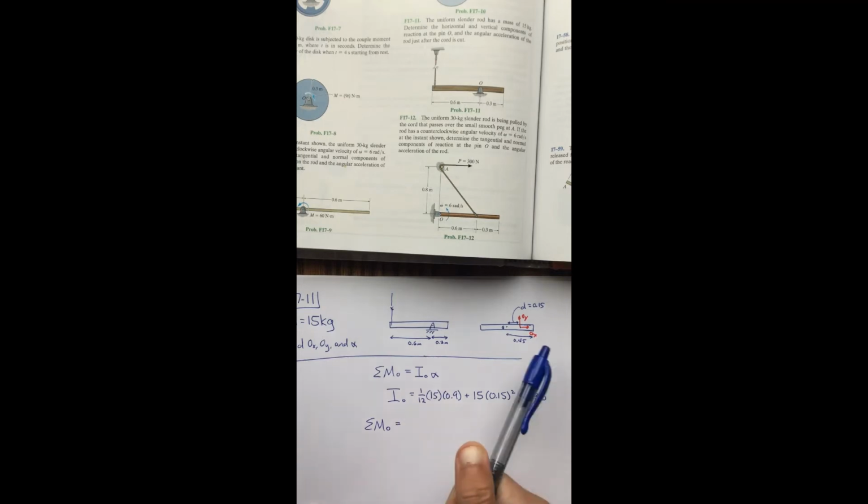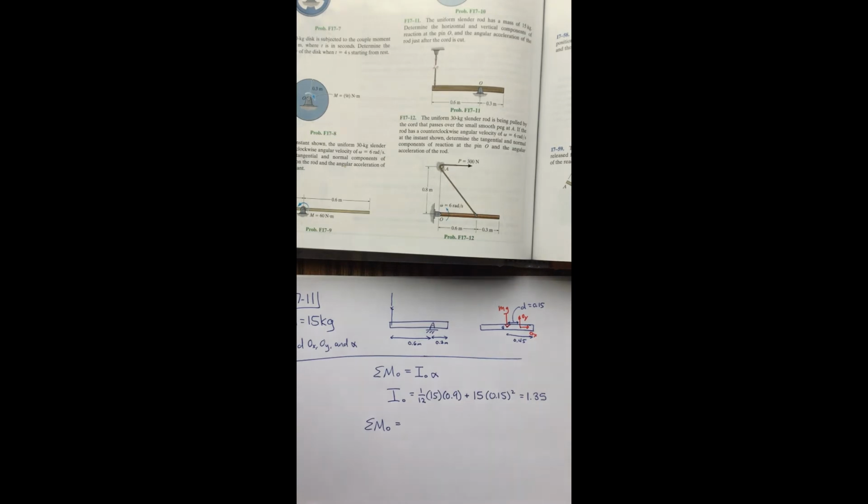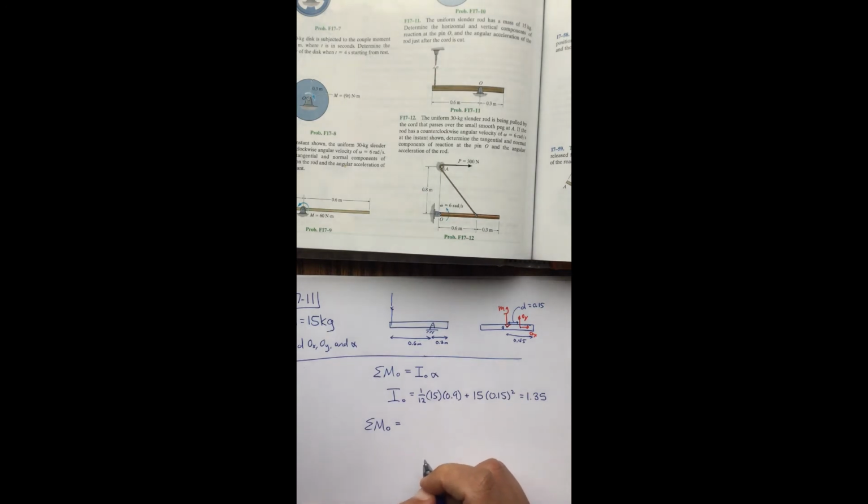I don't include the forces which are acting at point O, so I'm just looking at the force of gravity, which is acting downward. That's m times g at a distance of 0.15 from point O, and that would cause rotation in the positive direction.